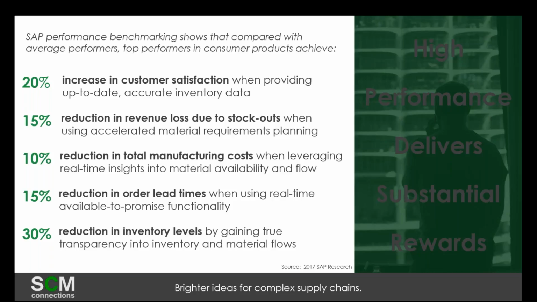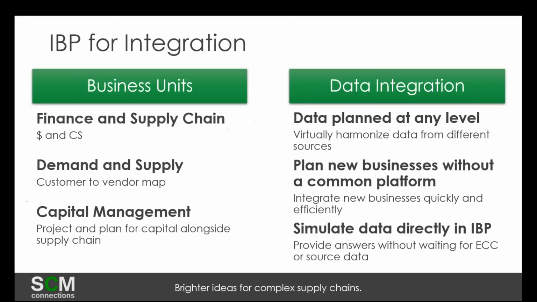Reduction in your order lead times, because again, you have that real-time available to promise functionality, and the same in inventory levels. You're not holding quite so much safety stock, almost as a security blanket, because you can see through the process where your stock is. You can see how everything's flowing rather than having to hedge. So information is power, and this is a really powerful tool in supply chain.